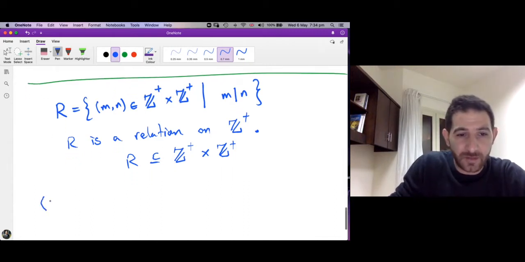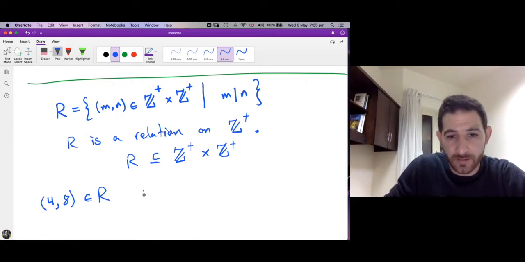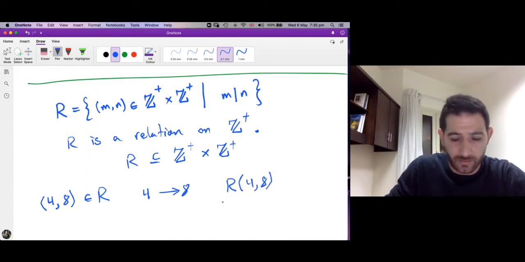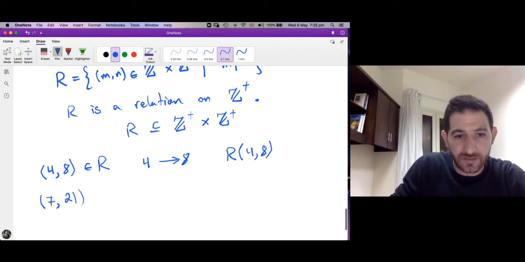For example, (4, 8) belongs to R, right? Because 4 divides 8. We can write this as 4 arrow 8, or you can write this as R(4, 8). Another example is 7 and 21, because 7 divides 21.